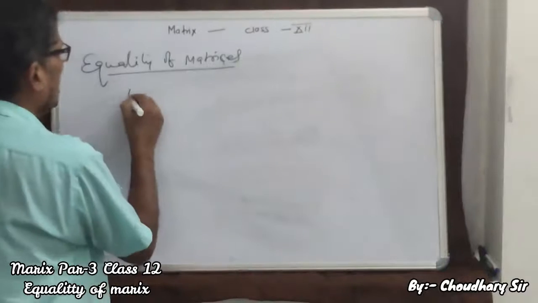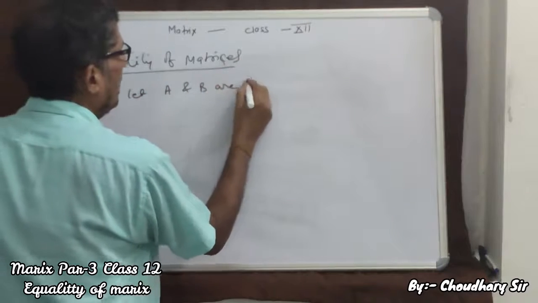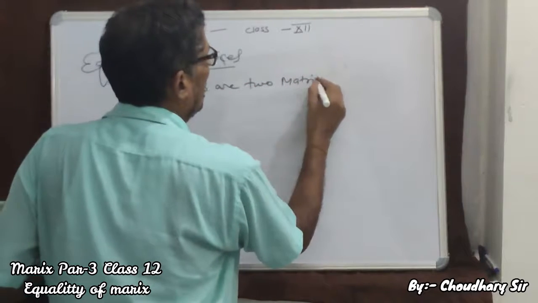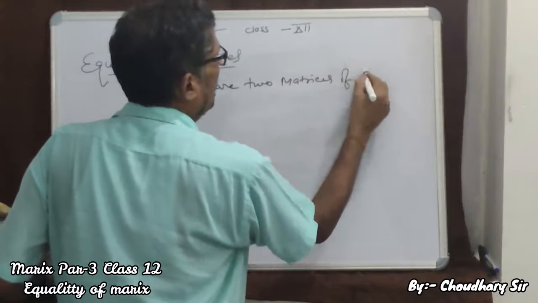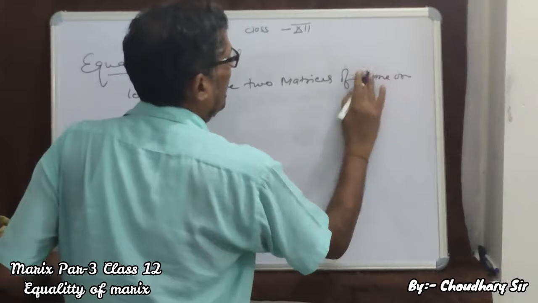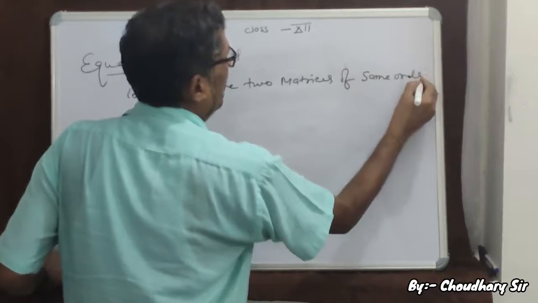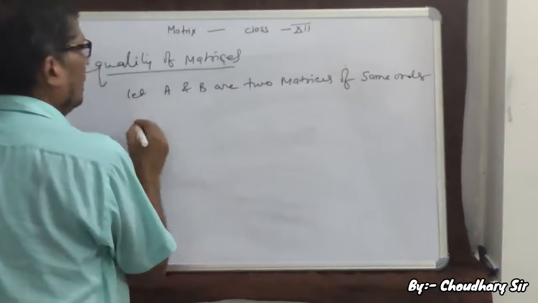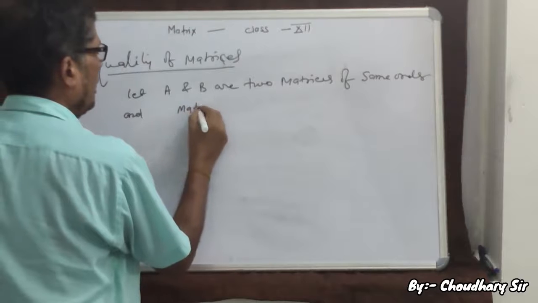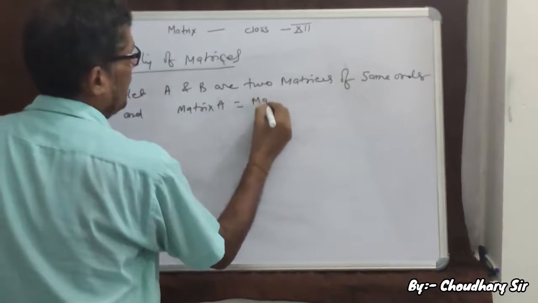Suppose A and B are two matrices of the same order, and matrix A equals matrix B.